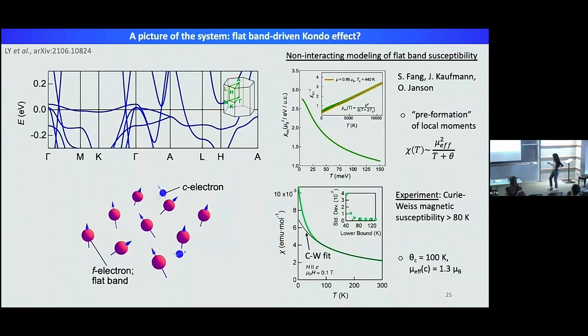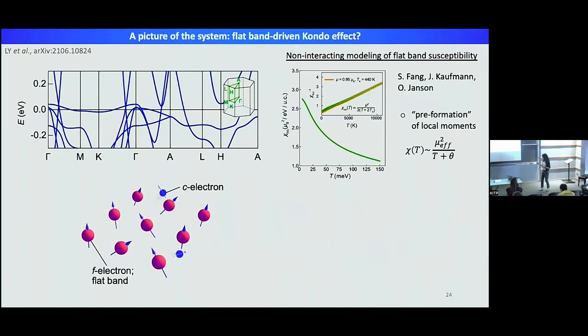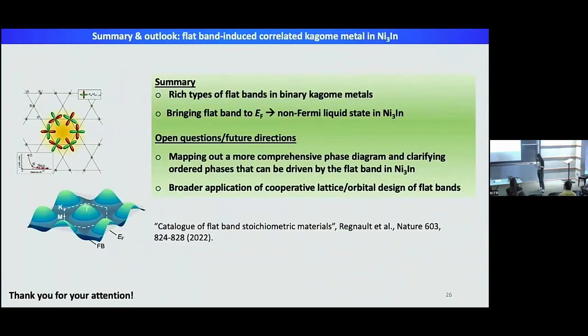So the comparison here is more qualitative, but I hope it gives us a starting point to think about the system as coexisting local moments coming from the flat bands and conduction electrons coming from other dispersive states in the system. So with this, I'd like to conclude our talk.